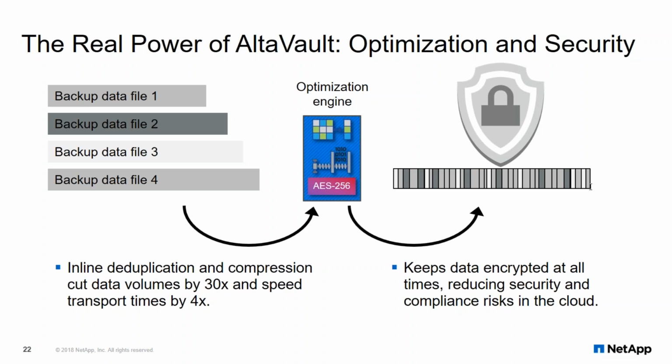We have a technical report that is available on NetApp that describes all these technical security features in detail. And if you're interested, we can certainly share more information about the security features after this talk.